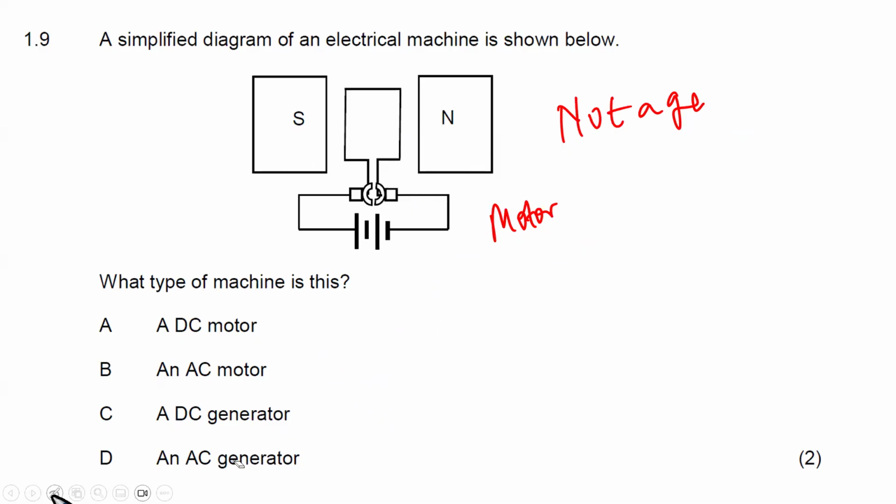Okay, so what type of machine is it? Okay, yeah, that's interesting. 1.9. Right. So obviously we are able to see that, as you have correctly said, it is a direct current motor. So obviously you really are on point. It is certainly a direct current motor with the power source there.